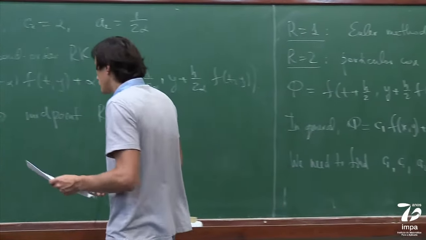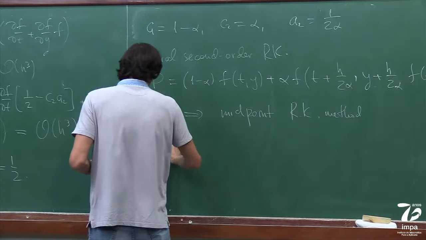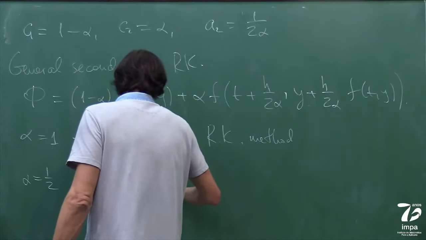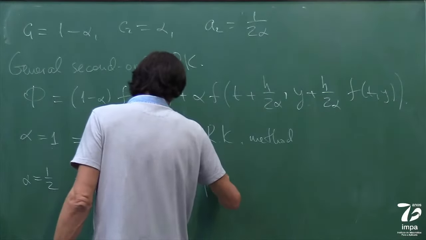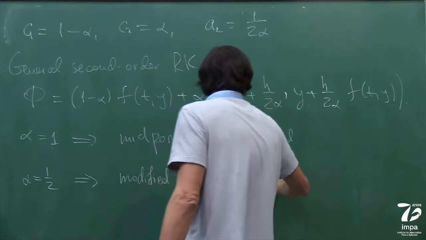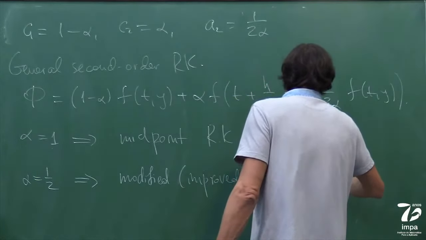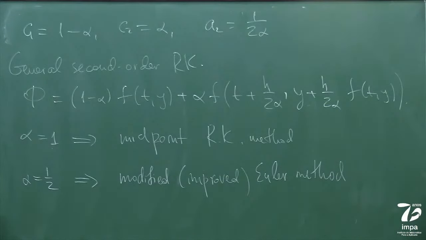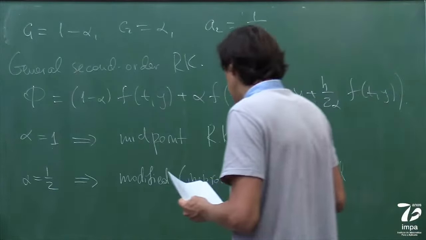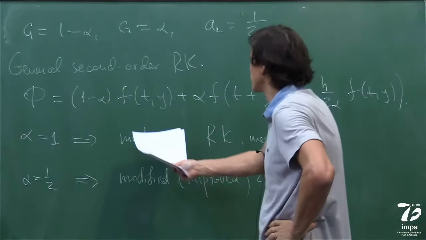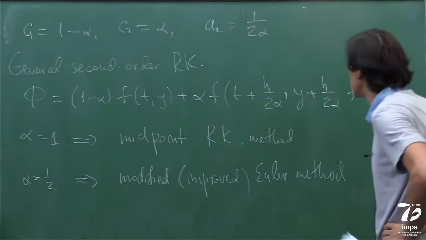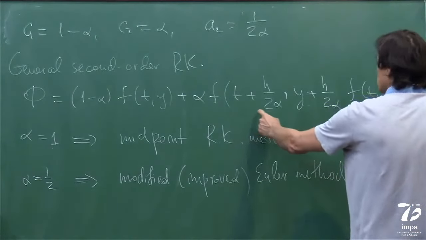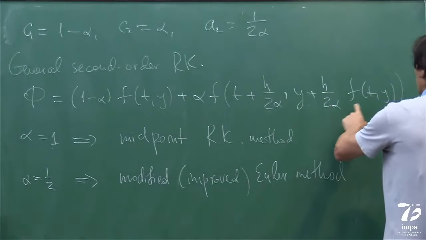And then, for example, if you take alpha to be 1/2, this will be the modified or improved Euler. So this is a method which you can derive in another way, kind of following the idea of Euler equation, but to the second order. So I will not write it, but alpha 1/2 means that half of the derivative plus half of the other expression. So you see it will be t plus h, y plus h, f.